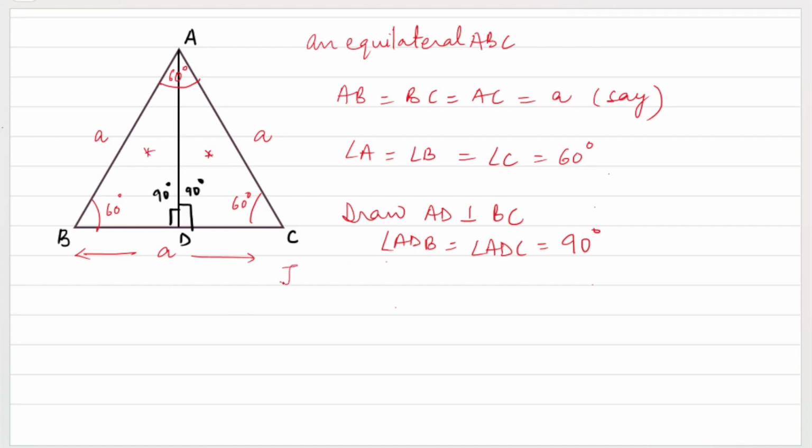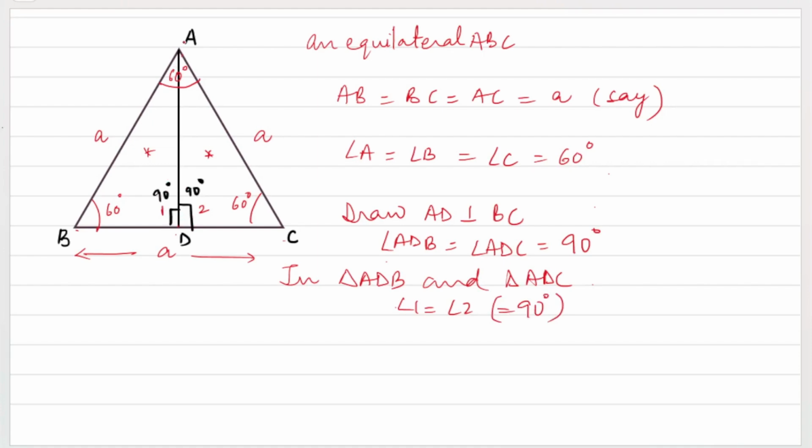Now my next step is to make these two smaller triangles congruent. Which ones? Let me write it over here: triangle ADB, this left one, and triangle ADC. How do I make them congruent? I know that this angle 1 and this angle 2 are equal to 90 degrees.